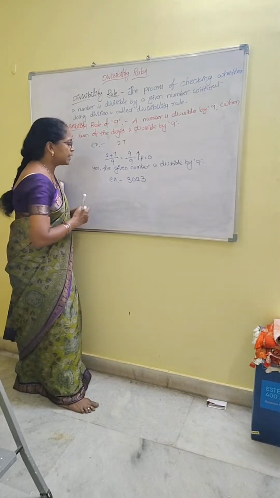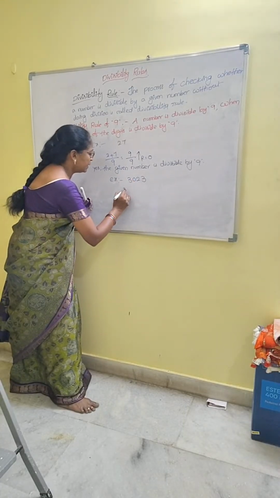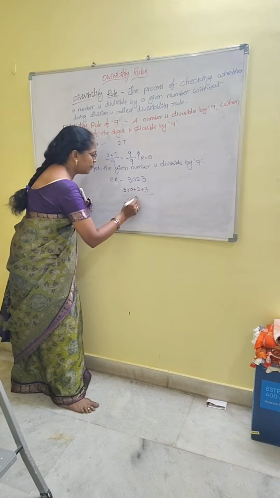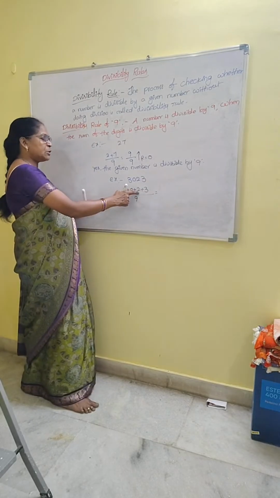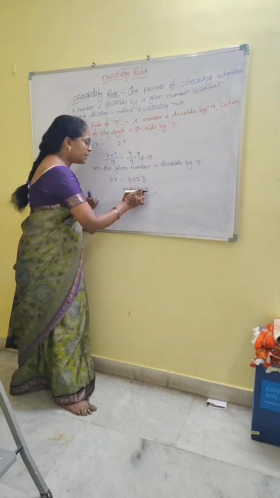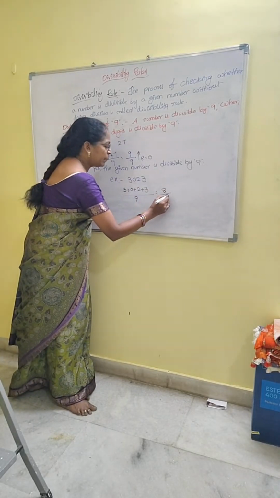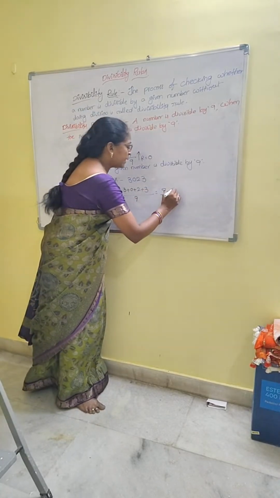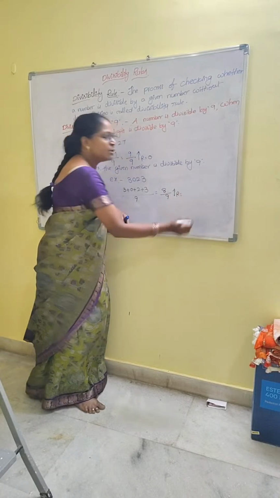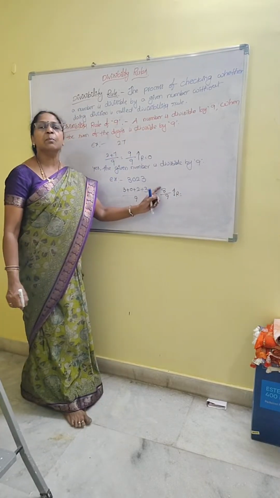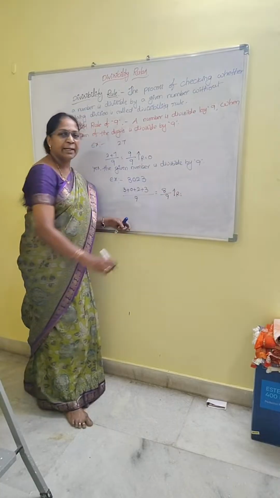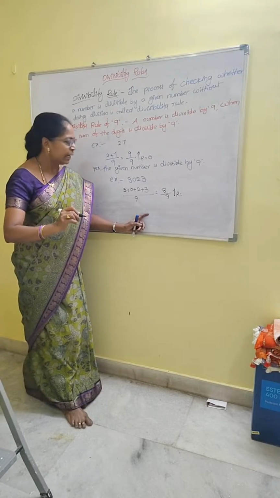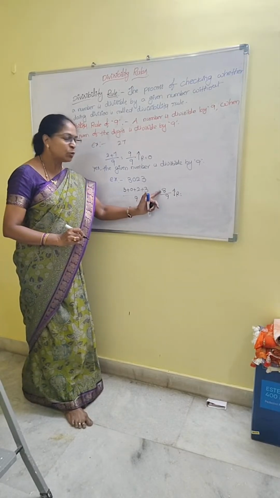So here, how can you say? You have to check by considering the digits 3 plus 0 plus 2 plus 3 and dividing by 9. That equals 3 plus 2 equals 5, and 5 plus 3 equals 8. 8 divided by 9, that means 9 does not go into 8. That means here we are getting a remainder. So it is not exactly divisible, because 9 does not go into 8.